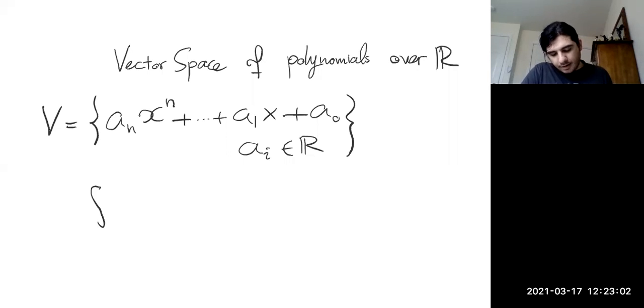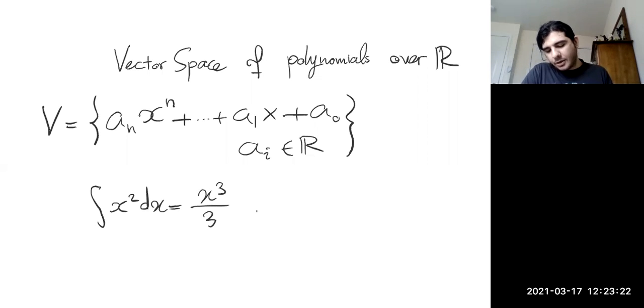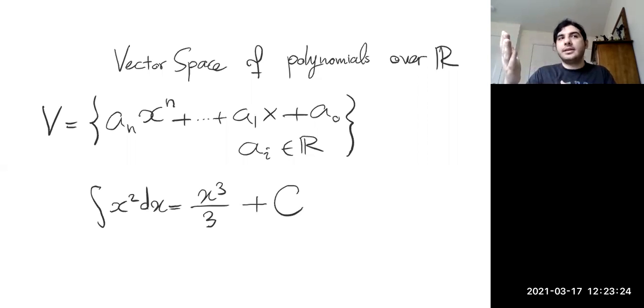Now, if we take the integral, it takes one polynomial and sends it to another polynomial. For example, what is the integral of x squared dx? It's x cubed over 3, but the point is that, as you know, there is a constant c. This constant is not fixed. So the concept of an affine transformation, which I talked about, like adding a number to it, also appears here.